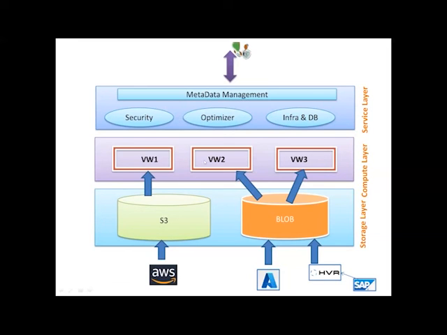This is the typical architecture of a client where the client uses three different source systems, and we have three virtual warehouses. On top of that, we have different clients. I hope you understand this architecture. So this is the architecture of Snowflake.